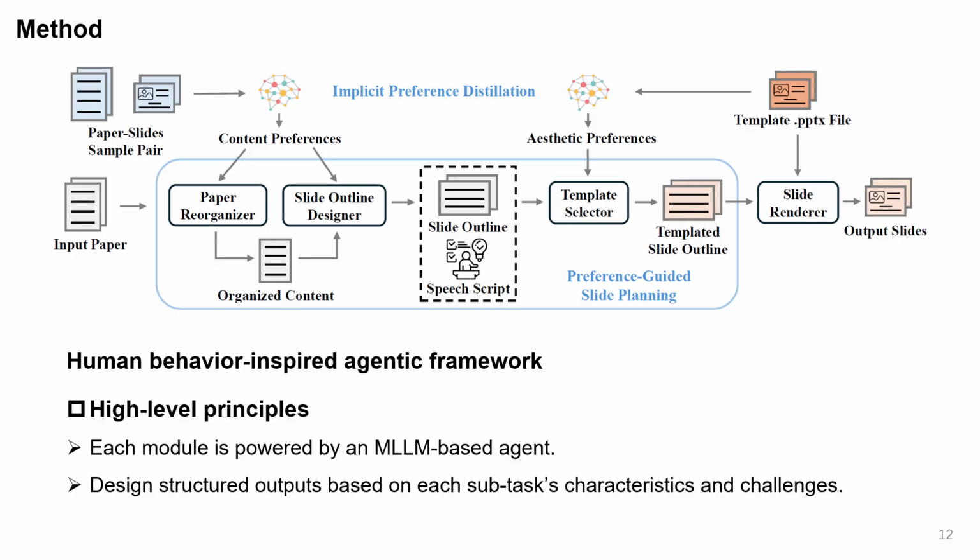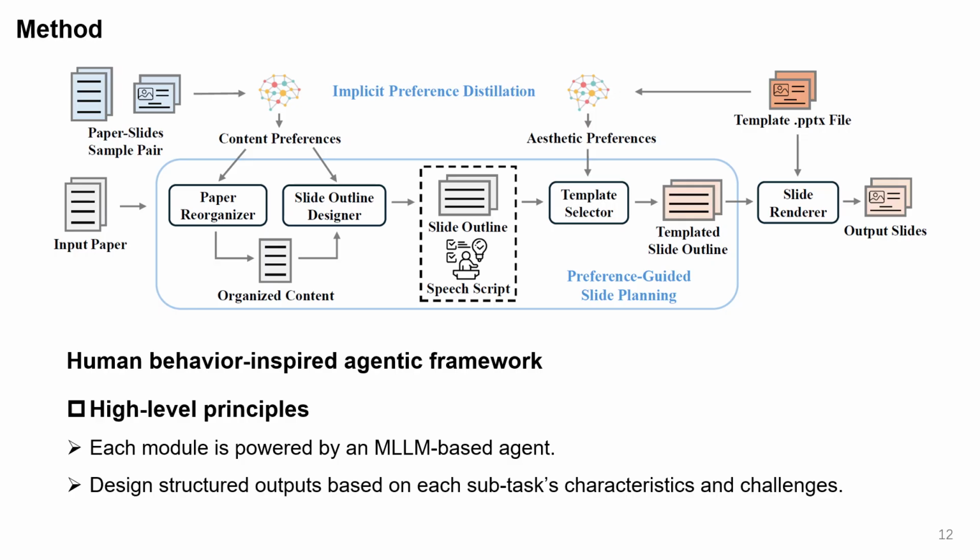Second, preference-guided slide planning from the distilled profile. And third, slide realization via appropriate template editing. This modular design mirrors slide preparation by humans, starting from internalizing personal style, then organizing content, and finally creating slides for presentation.